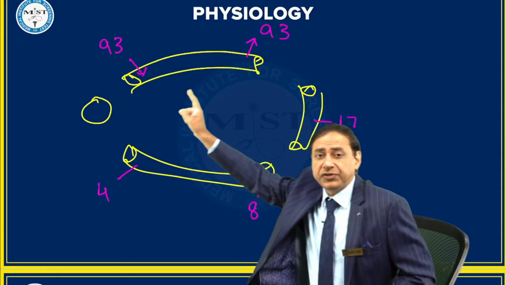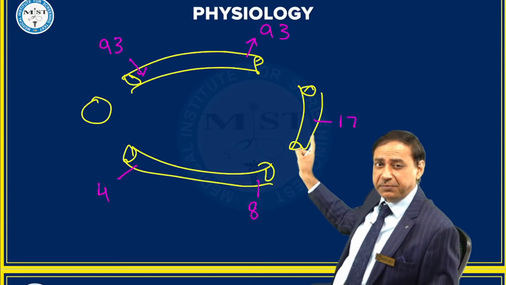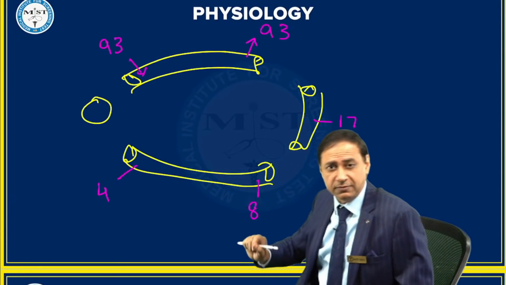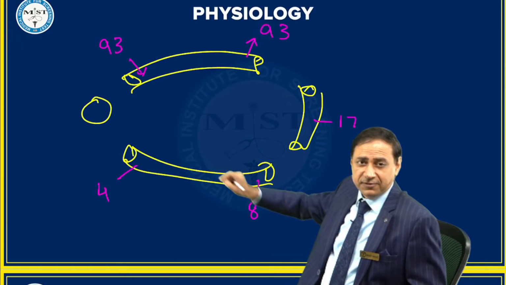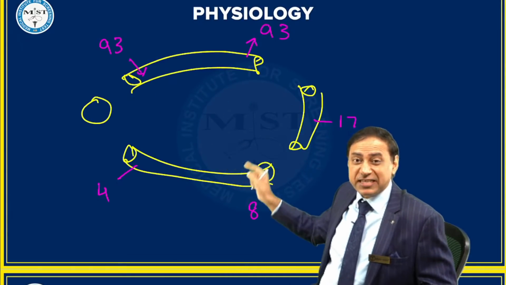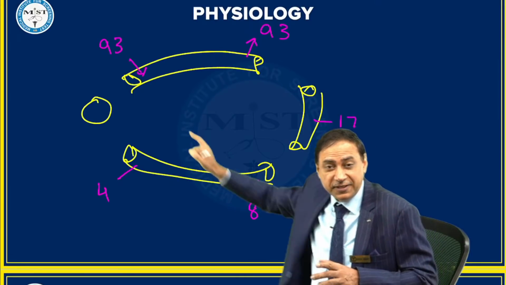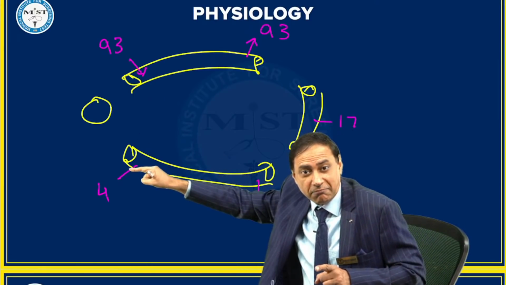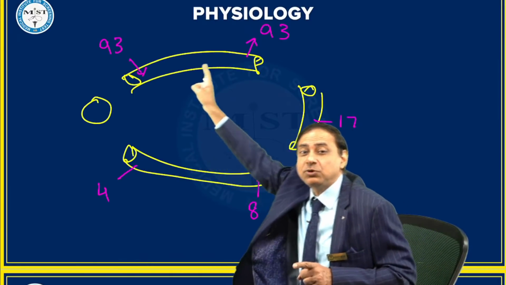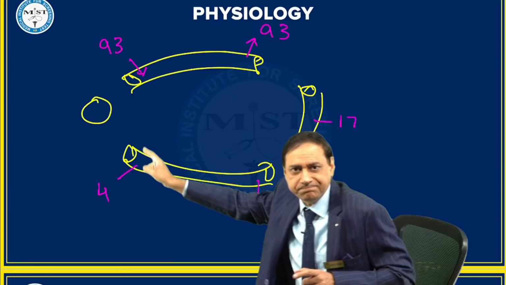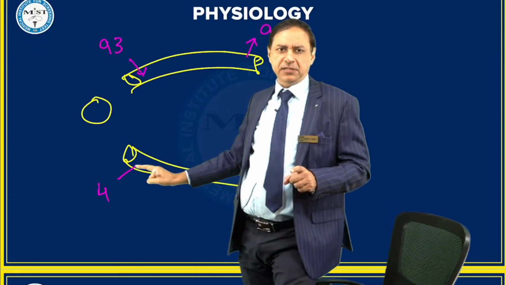Here it is 93, in the capillary 17 millimeter of mercury, in the vein 8, and here 4. We call this the pressure drop. Here it was 93, here 4. How much is the total pressure drop in the circulation? 93 minus 4.